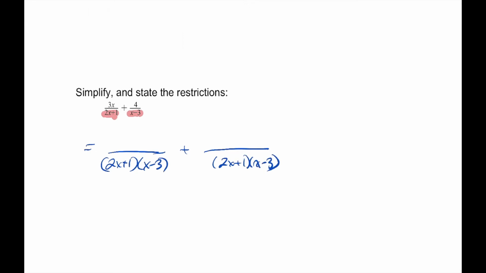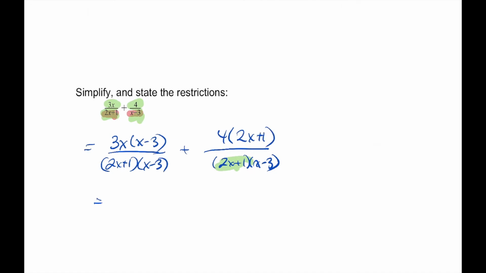Then, again, we just have to convert each of our fractions to the equivalent fraction with that denominator. So in this case, for 3x, I need to multiply by x minus 3 because that was the binomial that was missing. And for the other fraction, it's going to be 4 times, because we're going to have x minus 3 in the denominator, so we have to multiply by 2x plus 1.